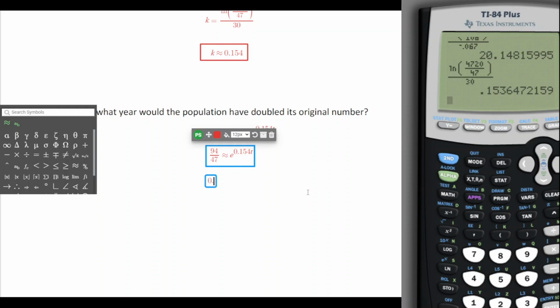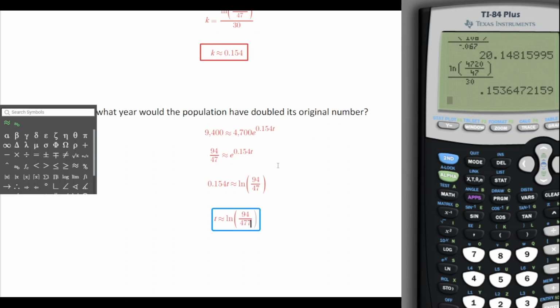So now we've got 0.154 times t is approximately equal to the natural log of 94 over 47. And I've said this a million times so far, but we're using the inverse property to rewrite this exponential equation as a logarithmic one. So now I'm going to divide both sides by that k value. So t is approximately the natural log of 94 over 47, all over that k value.